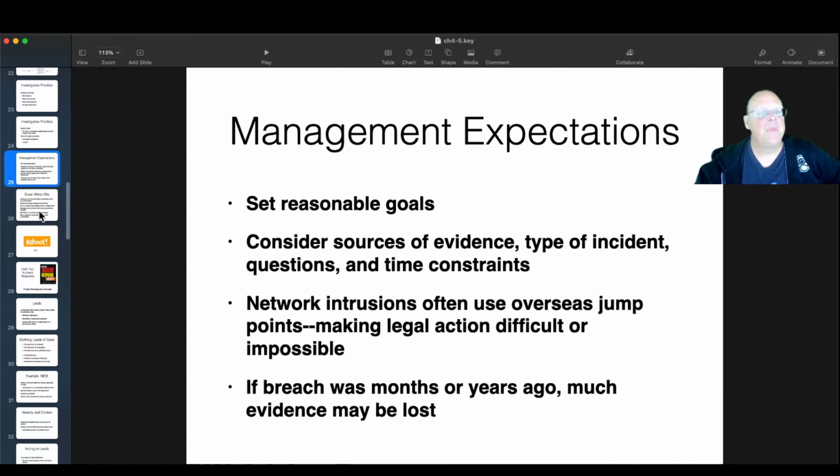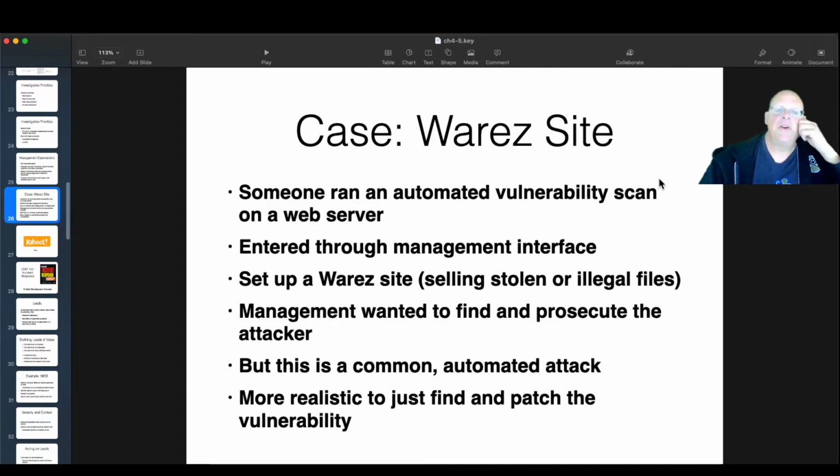All right, so here's an example. Somebody ran a vulnerability scan of a server. They found a vulnerability, like a management interface with a default password or something. Then they were able to upload files, so they used your web servers for an illegal purpose, selling illegal stuff. And this went on for a while, and when management found out, they got mad and they wanted to prosecute the attacker, but you can say, look, actually hunting down this attacker and prosecuting them is really of no value to our company.